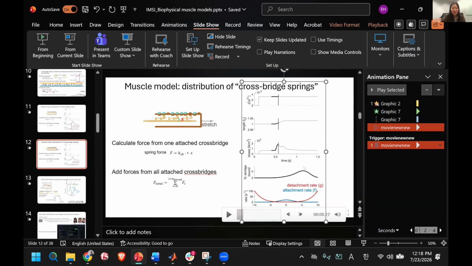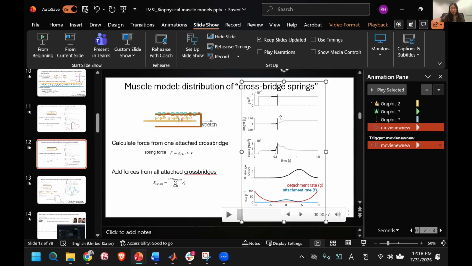That is because cross-bridges that are already attached are physically pulled to the right. So now the number of bound cross-bridges shifted to the right, but they cannot move infinitely to the right because they will start losing connection because the detachment rate increases as we go further away from the resting state.